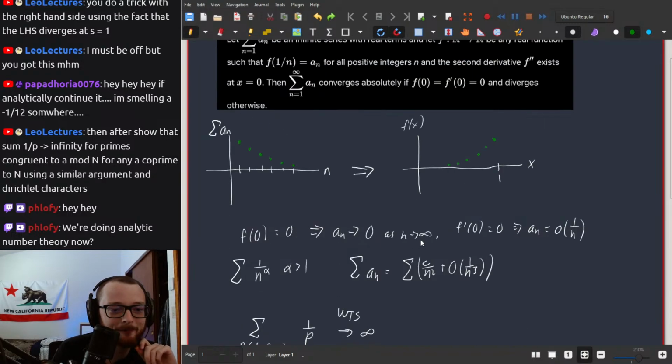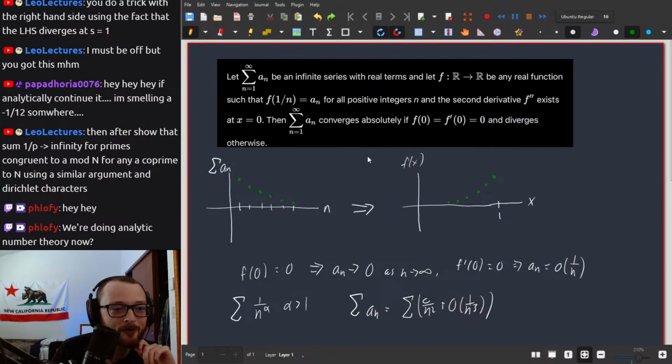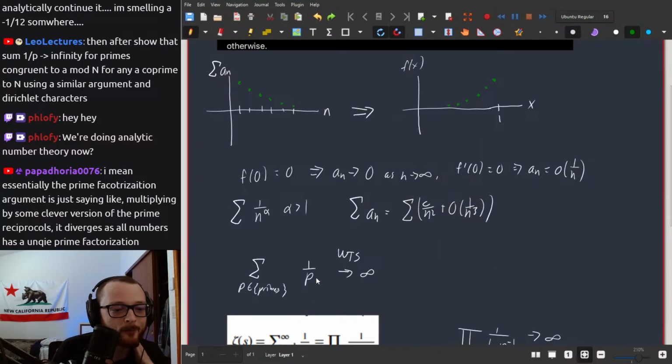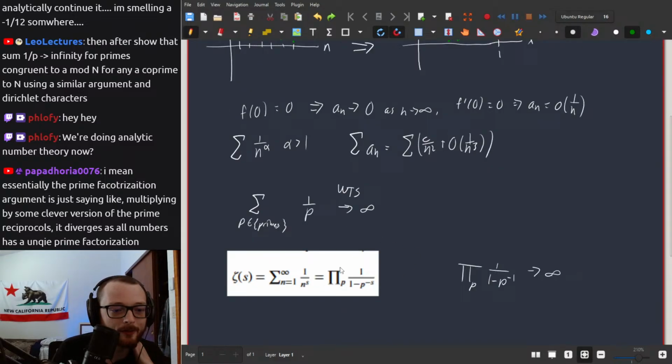We started just by talking about vague and kind of fun tests for convergence of a series. And then Leo lectures, I think half jokingly, asks if I can prove that the sum of 1 over prime numbers diverges. And apparently the way you do that is with Riemann zeta function.